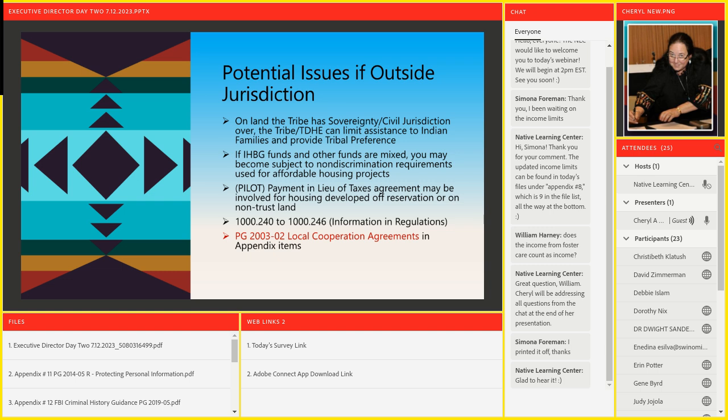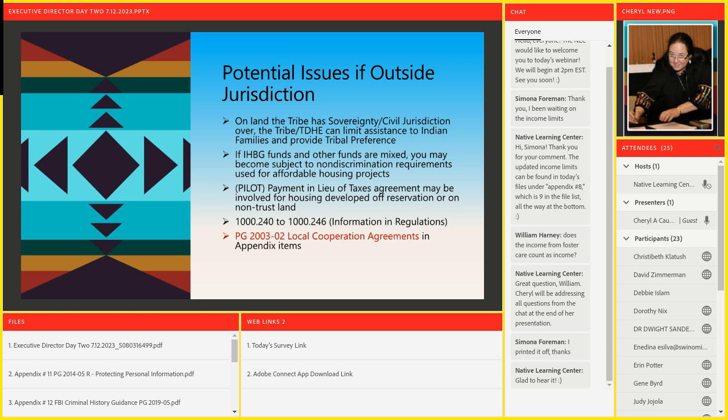And we can provide that tribal and that Indian preference. If you are utilizing other funds with your block grant funds, you may become subject to non-discrimination requirements used for affordable housing projects, low-income housing tax credits, for instance.